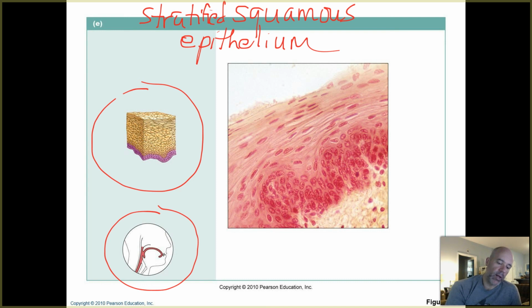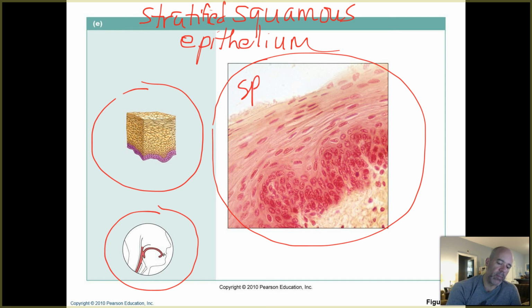All right, and this is what it would look like if you were checking it out under the microscope. So this would be like space inside the oral cavity or inside the esophagus. That would be the lumen. And down in here is the deeper border of the epithelial tissue. Right along in there, that's your lower border. And then down in here, you're getting into connective tissues.